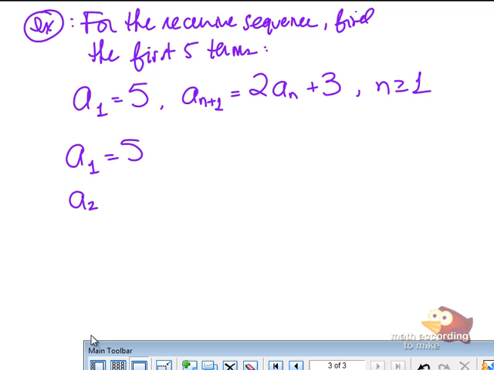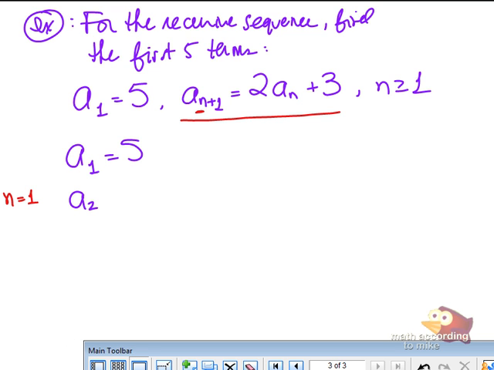Here's what you need to ask yourself. What would you need to put in for this n so that entire subscript is 2? 1. So all the n's in that formula, I'm talking about this entire thing, are going to become 1.